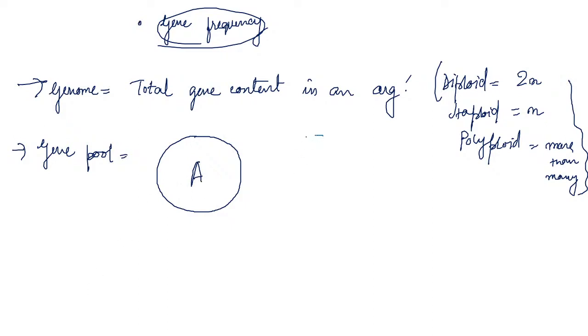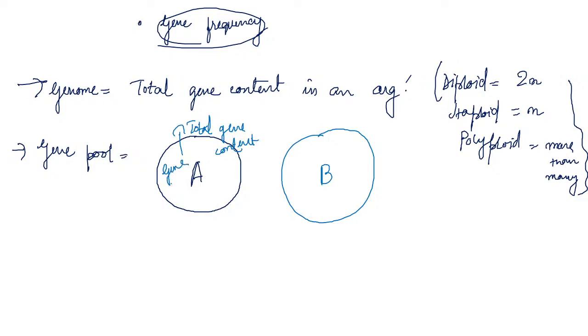And this is area B. So the total gene content of area A is the gene pool of area A. The total population of area A residing there contains the gene pool. There will be many people residing in the same area.